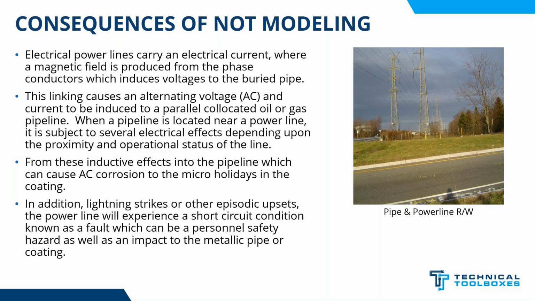The ones that are conductive are very close in proximity to the pipe itself, particularly their grounds at the base of the tower. So from the inductive effects on the pipeline, AC corrosion can occur, if we're dealing with steady state issues, at micro holidays. And what we're talking about is 1 centimeter squared or less, or in that range.